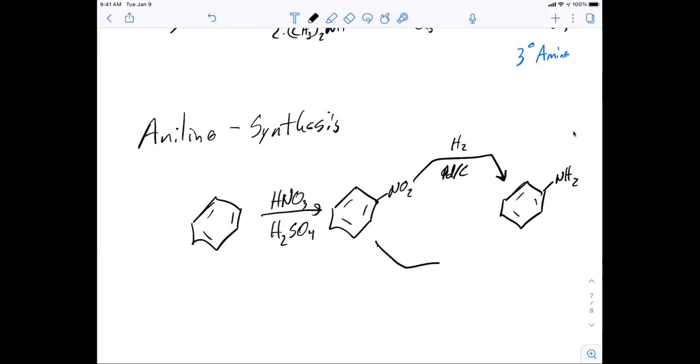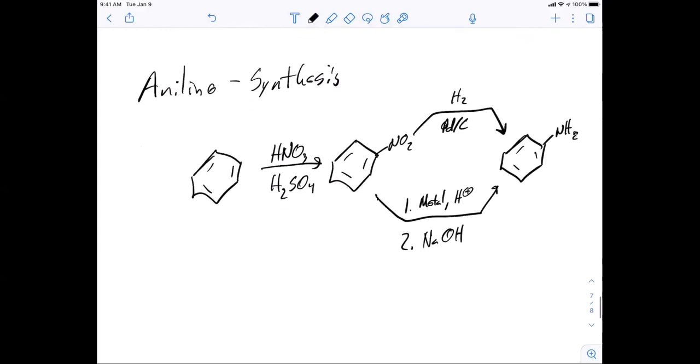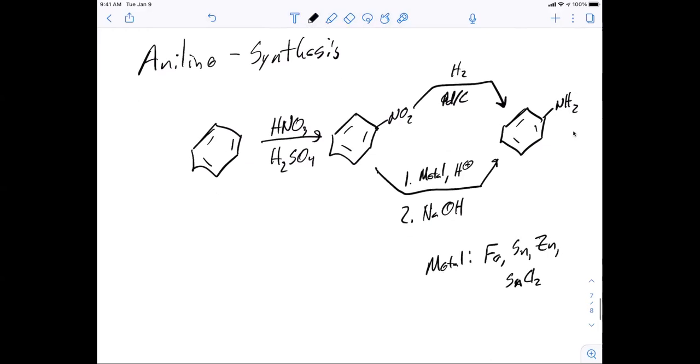Platinum will also work. Or you can take a metal and acid, followed by base. And here, the metals that work for this one are iron, tin, zinc, and tin chloride. All right, so you've got several metals. Iron is the one that you see a lot, iron and hydrochloric acid.